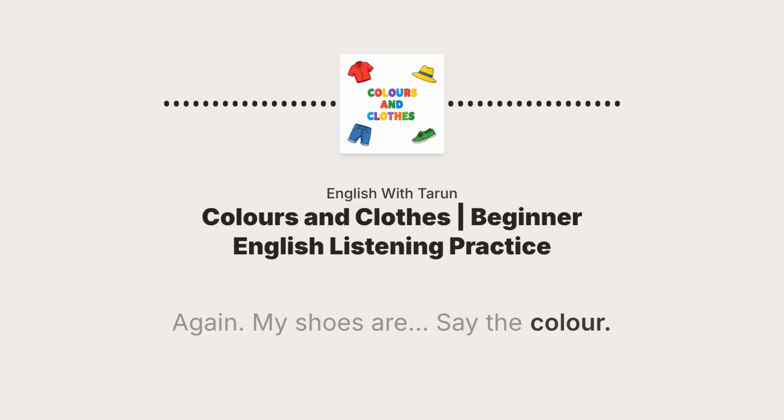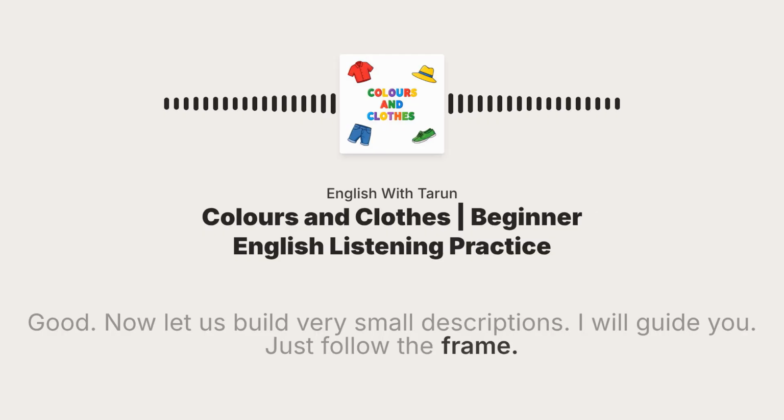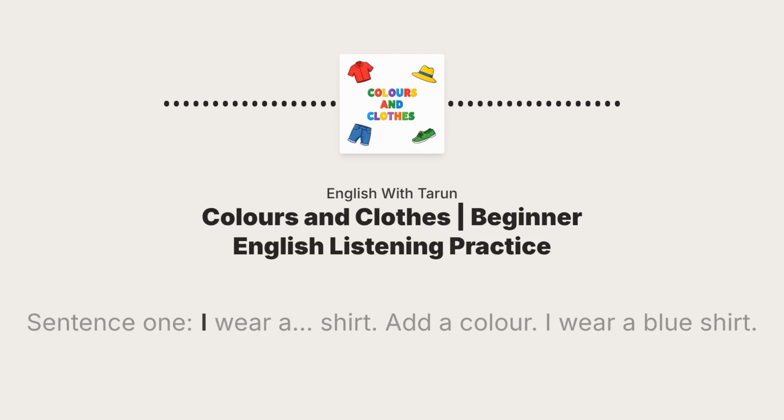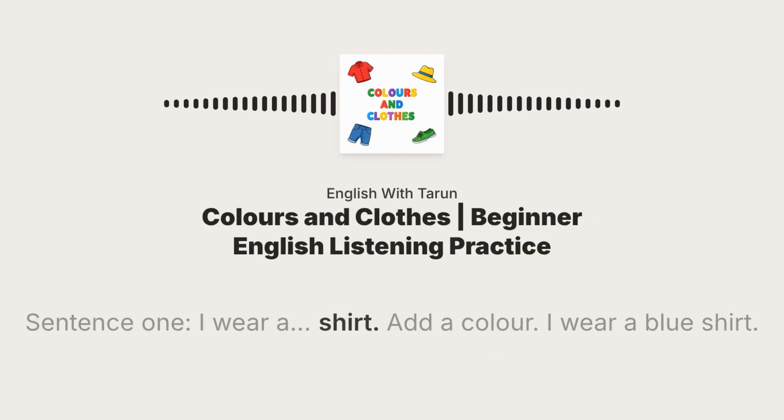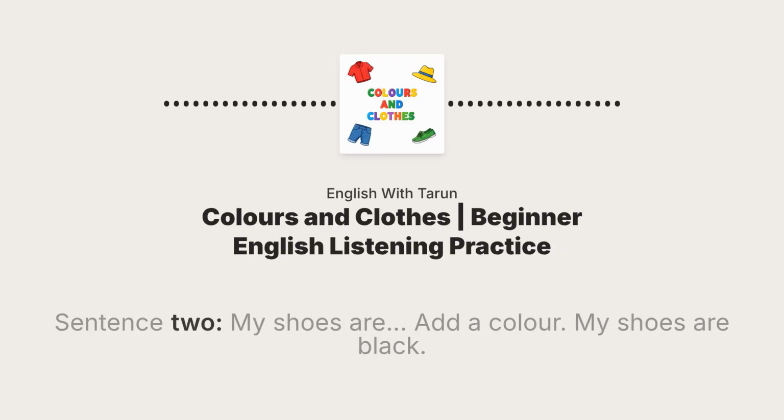Good. Now let us build very small descriptions. I will guide you. Just follow the frame. Sentence 1. I wear a shirt. Add a color. I wear a blue shirt. Sentence 2. My shoes are... Add a color.